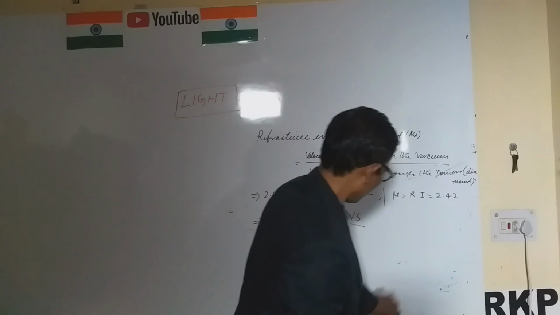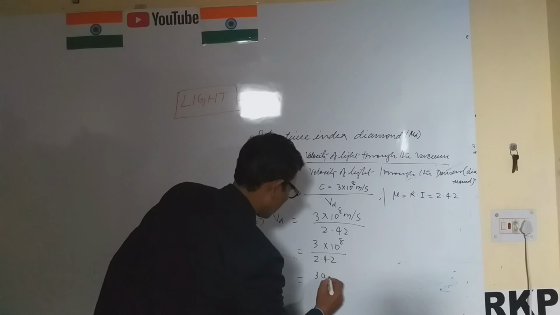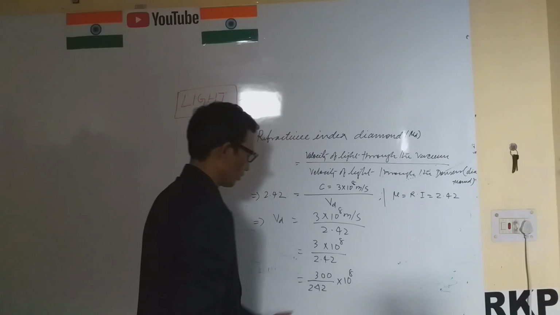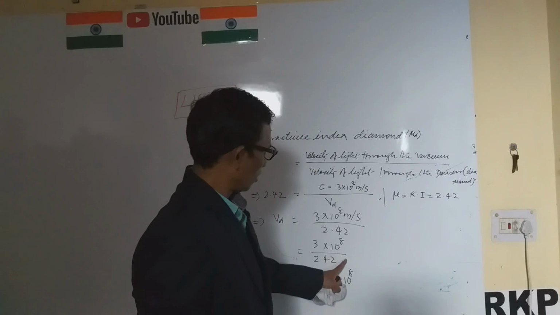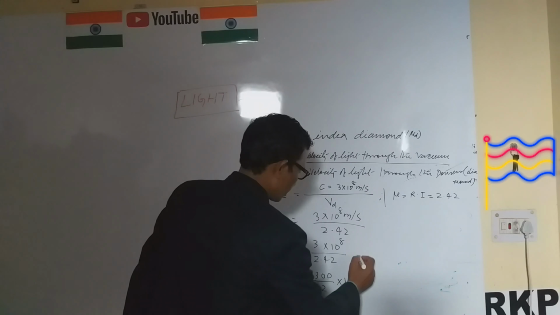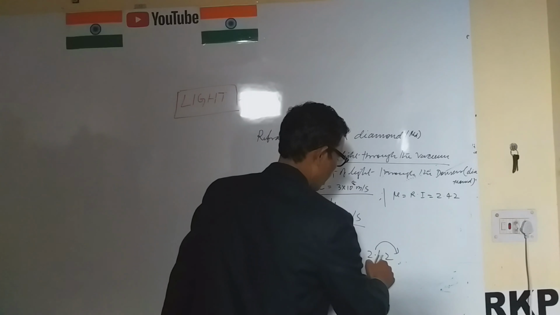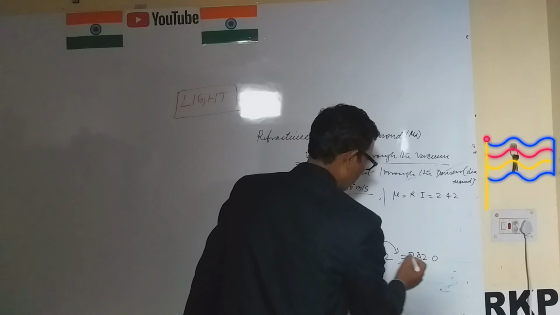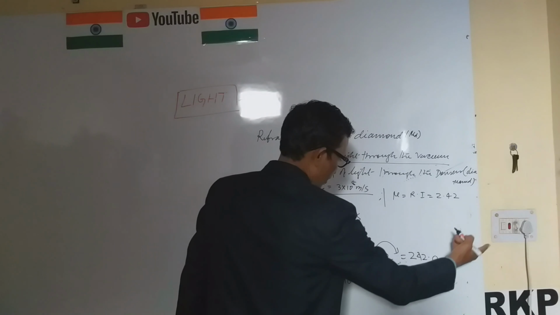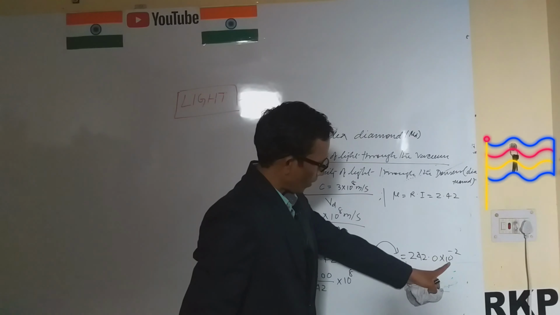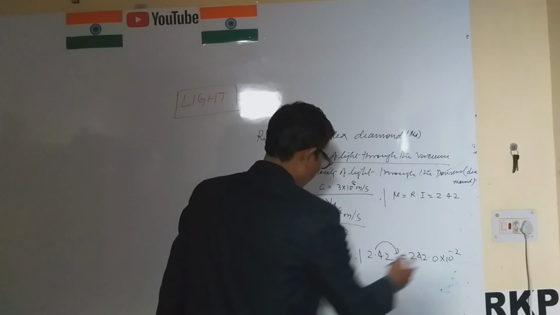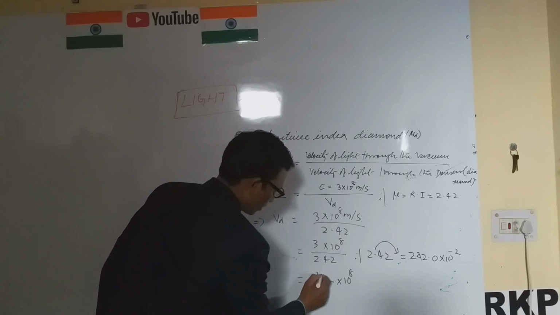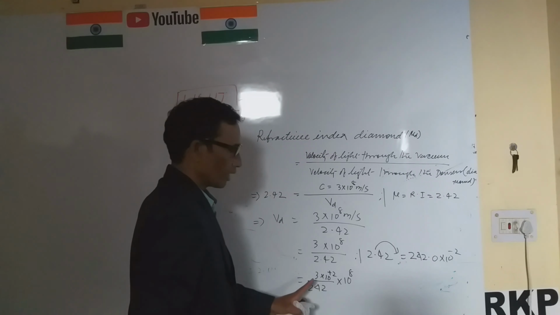So we calculate this: 3 into 10 to the power 8 divided by 2.42, which is 300 into 10 to the power 8 over 242. When we remove the decimal point by shifting it to the right by two digits, 2.42 becomes 242, that is 10 to the power minus 2 in the denominator. When brought to the numerator it becomes positive, 10 to the power plus 2, and multiplying gives 300.